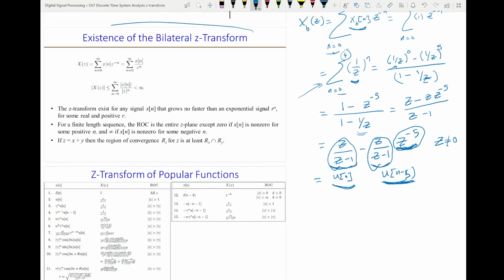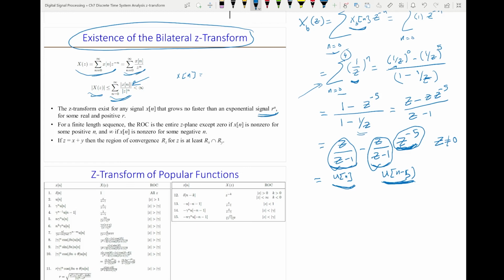Now, existence of the bilateral Z transform. This is the definition of the Z transform. As long as this quantity does not go to infinity, then there is a Z transform for the signal x of n. x of n can be anything as long as it doesn't grow faster than this rate, r to the power of n. Why?